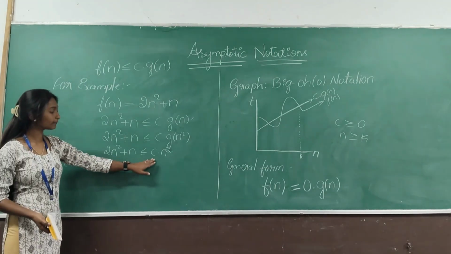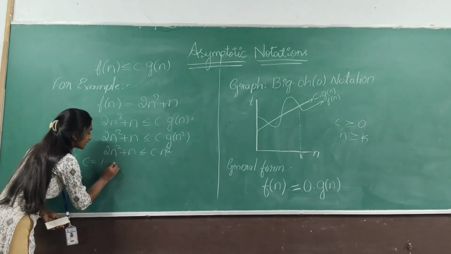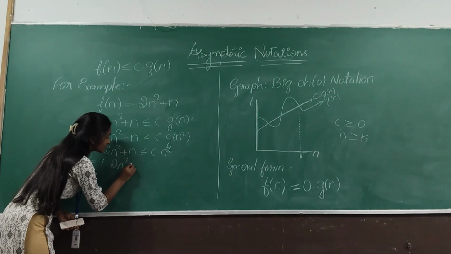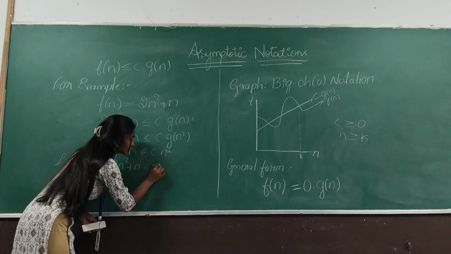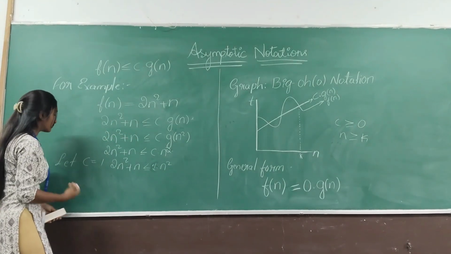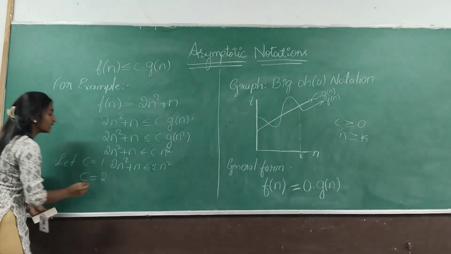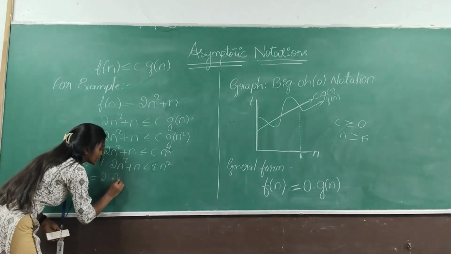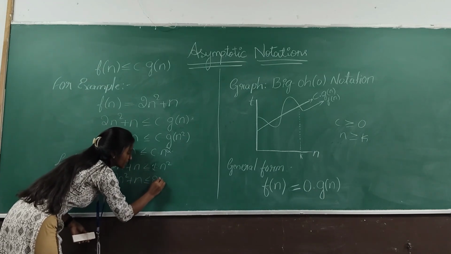When the value of c is equal to 1, the condition 2n square plus n will not be satisfied. Next we consider c equal to 2. Then we get 2n square plus n is less than or equal to 2n square.